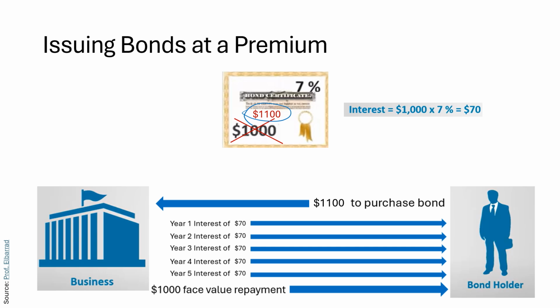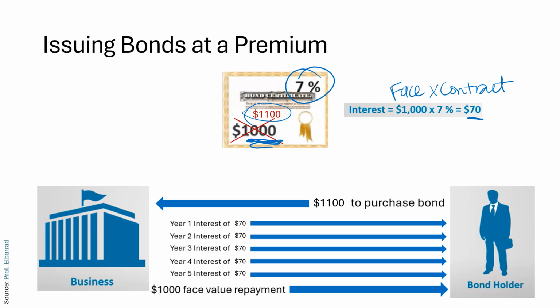What does not change, regardless of the price of the bond, what is actually paid for the bond, is how interest is calculated. So interest is always calculated based on the face value, even if it doesn't sell for that, times the contract rate. The contract rate is 7%. So the annual interest payments will be paid as $70 regardless of what the bond is sold for.